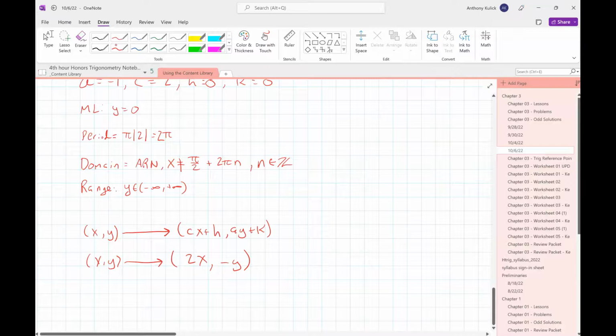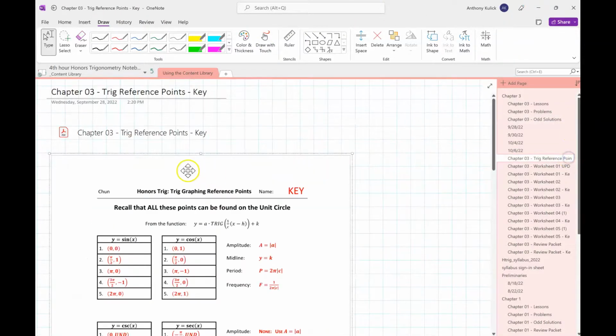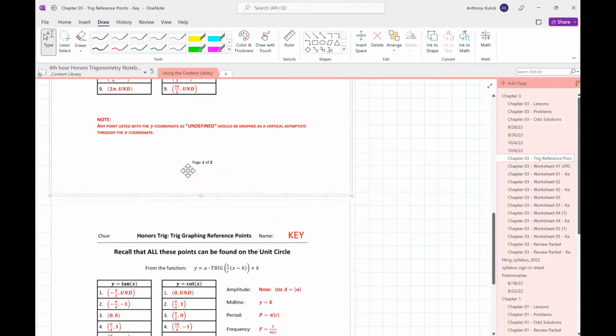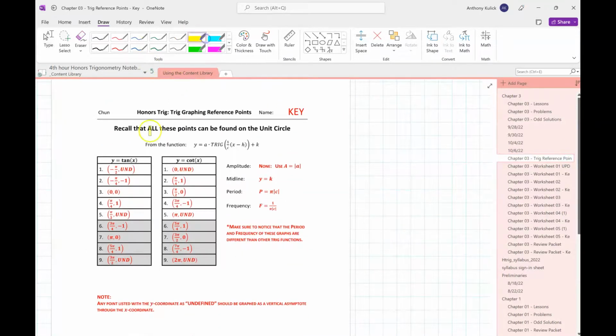And then what are the reference points that we're going to use for tangent? I'm going to go to my reference points sheet, look up tangent, and copy those down. Just the first five? Yep, just the first 5 is enough.